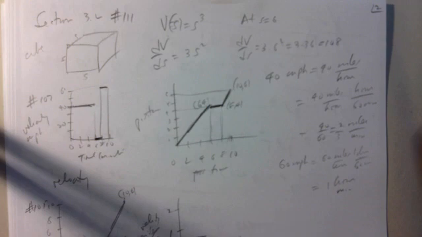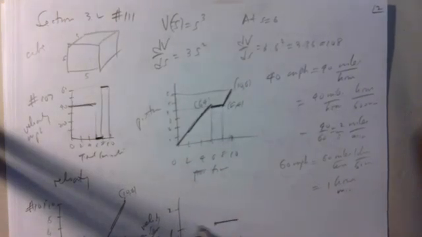And then for the last 4 minutes, you move 4 miles. So from minute 6 to minute 10, you go from 2 miles away to 6 miles away. 4 miles in 4 minutes, you're going up with slope 1. So your velocity is 1.